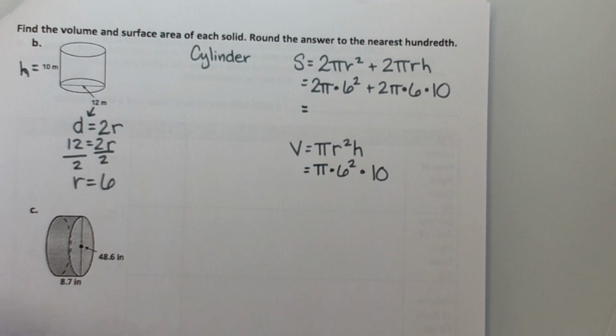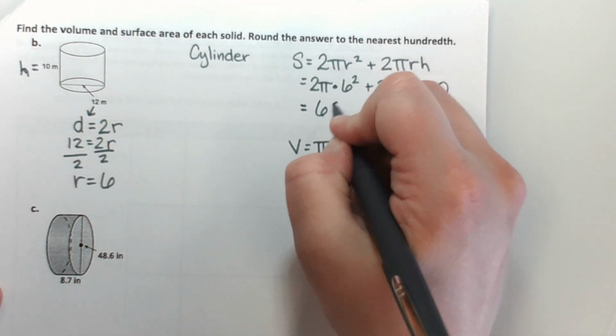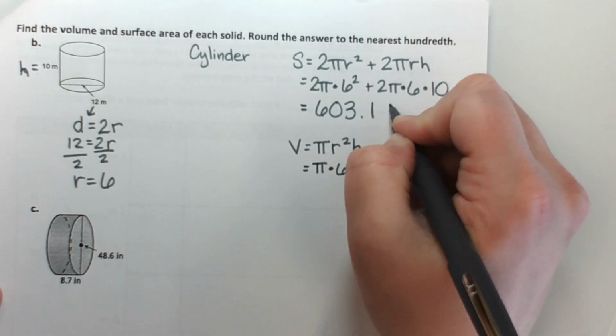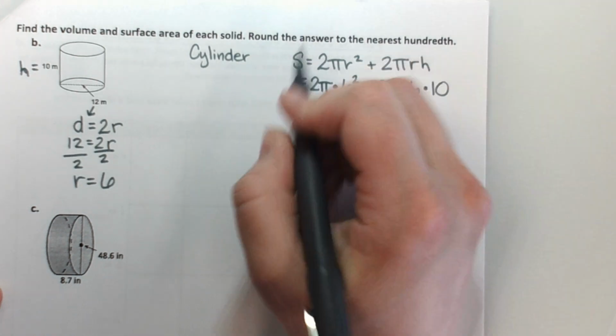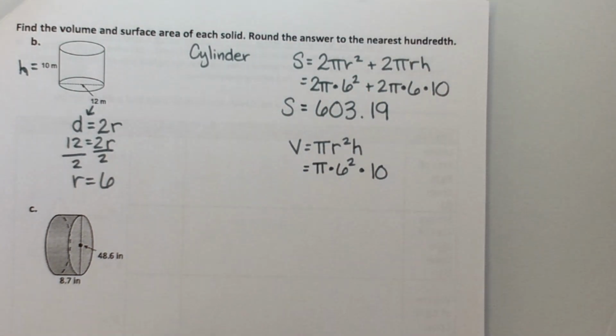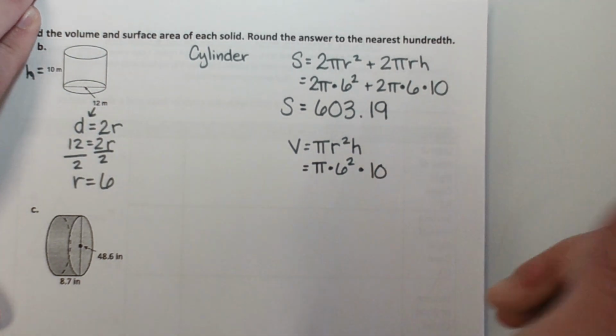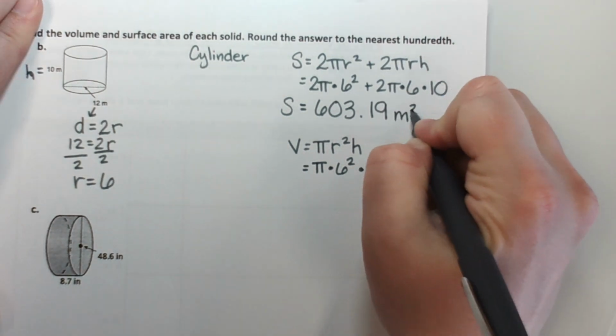It's 603.1 or 1.9. Dominic, what kind of units are gonna go on that surface area? Good.